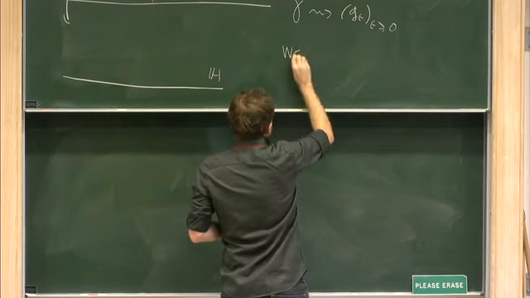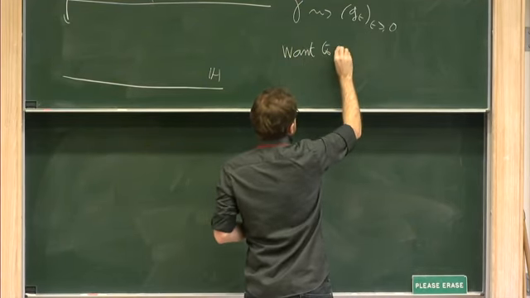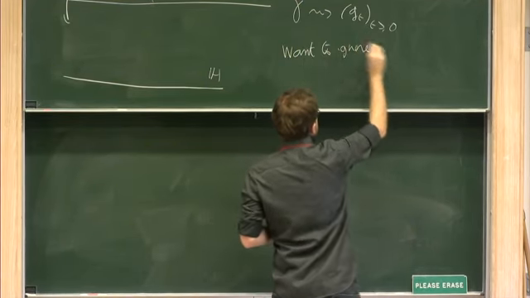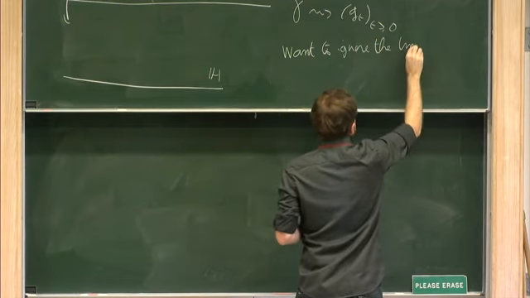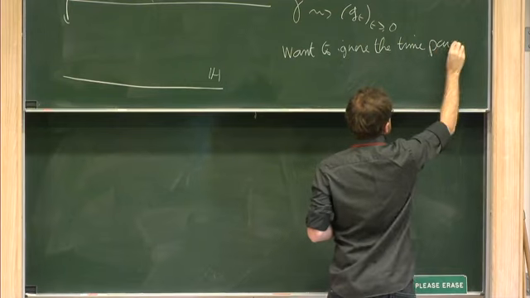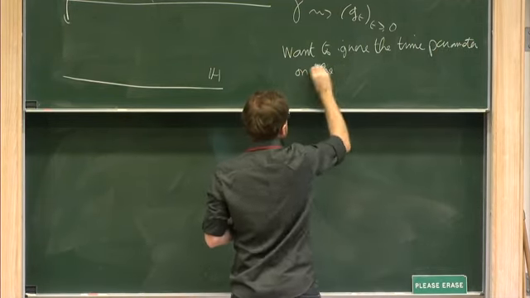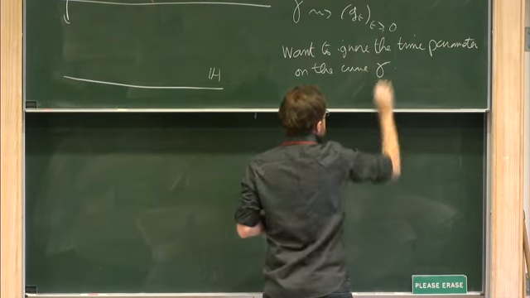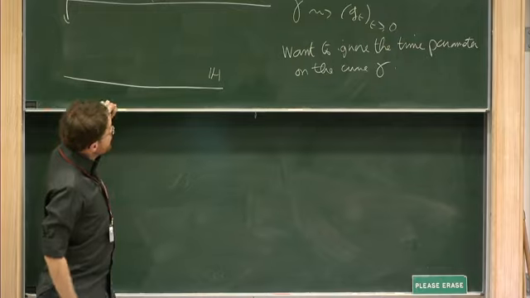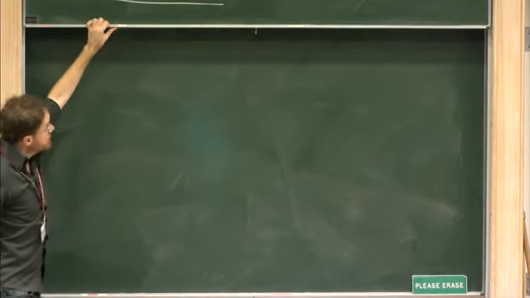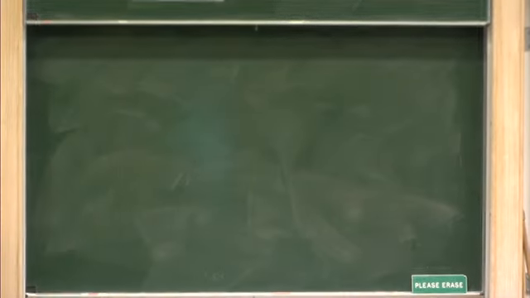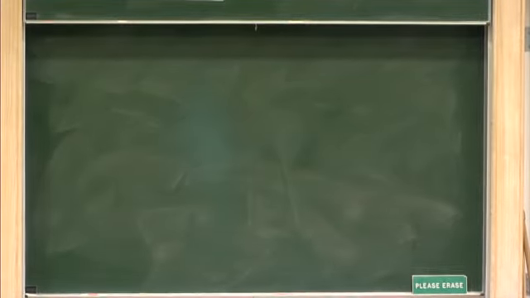So what we want is to ignore the time parameter on the curve gamma. What it really means is that if you have the same curve but parameterized at a different speed, you want to identify them and focus just on the geometry of the curve.